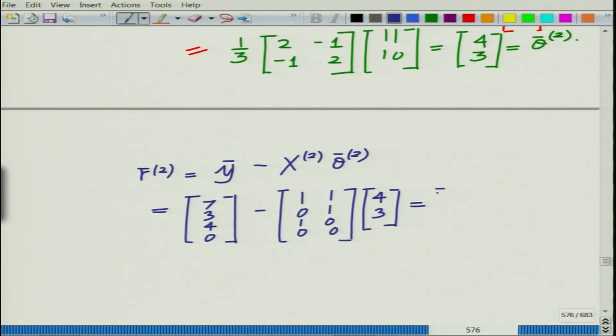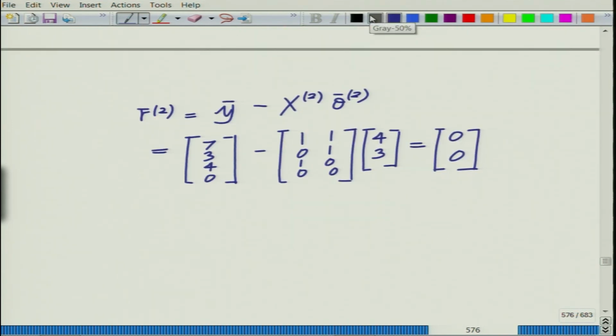You can clearly see this residue is equal to 0, which means we have achieved y bar equal to x theta bar, and therefore the algorithm terminates.